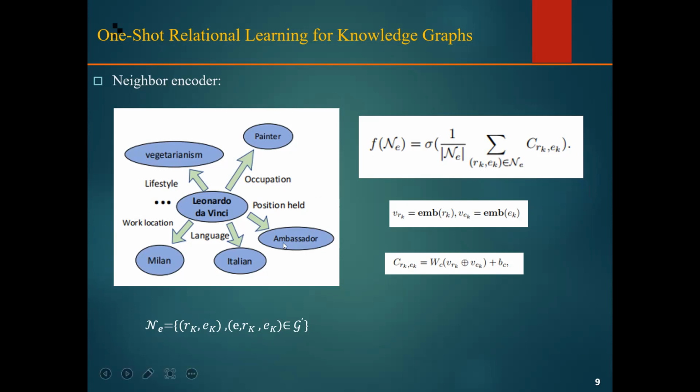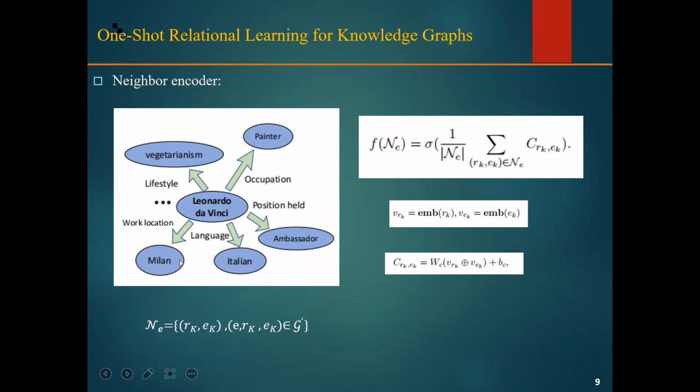That is why they use the local structure method. They use a neighbor encoder to incorporate the graph structure, and they use one-hop neighbors, just one neighbor at a time, for this local structure.